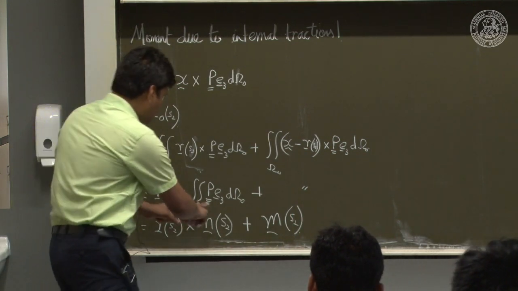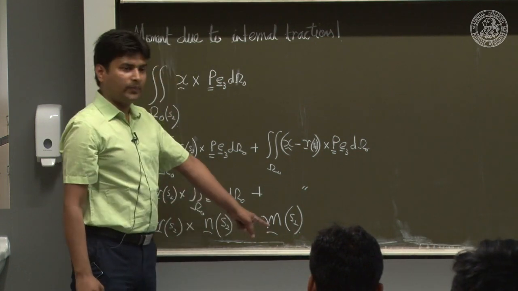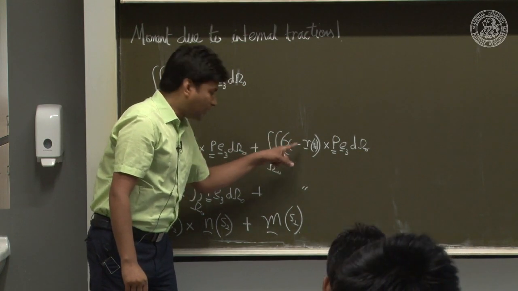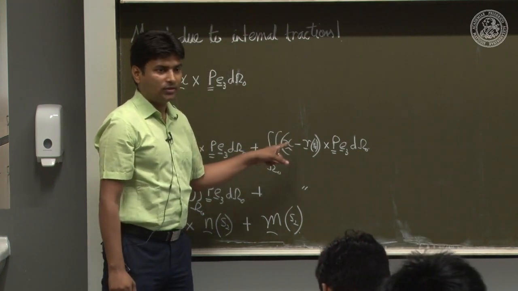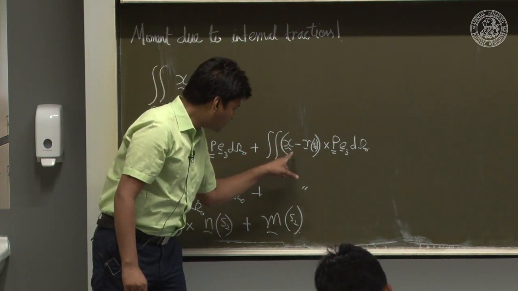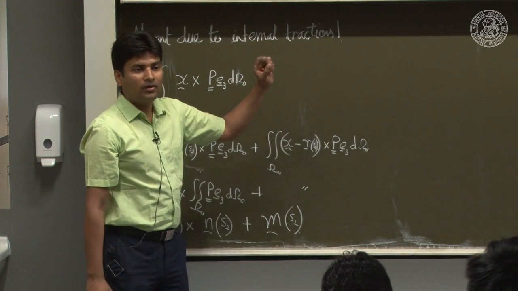So, you see it has very nicely split into two parts, r cross n plus m, and we did not have to use that restricted kinematics here. Okay. So, I did not say that x minus small r is equal to x alpha r e alpha.